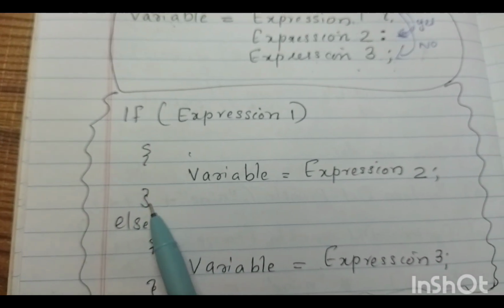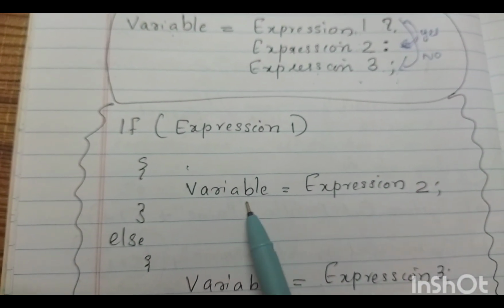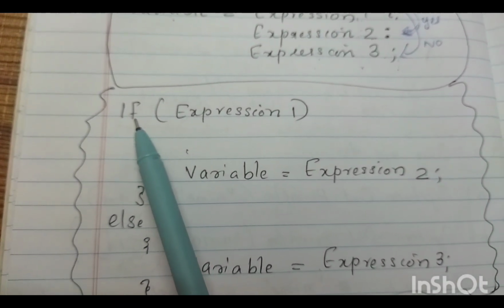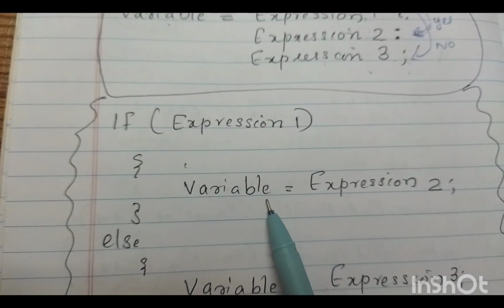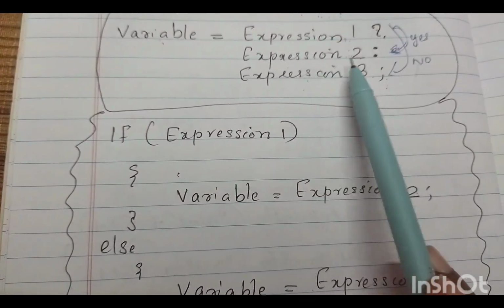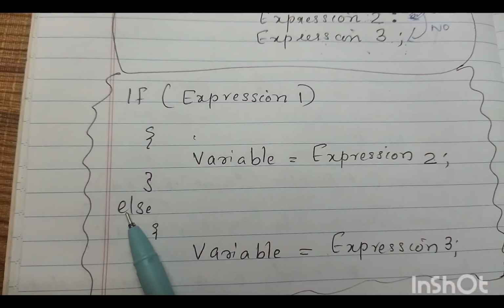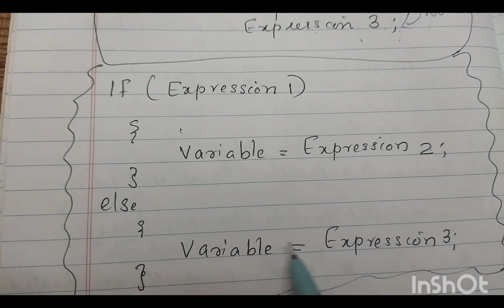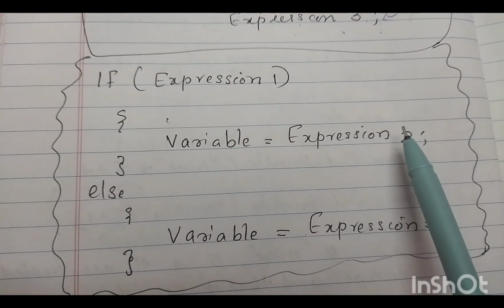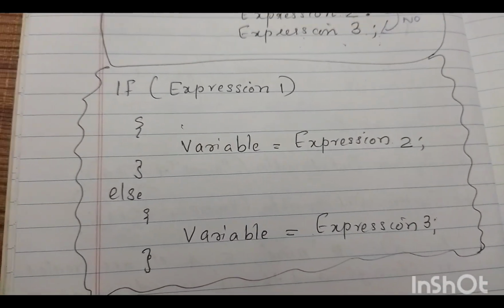We have put the braces, even though it is a single statement, to show that if this condition is true, it will go to this statement itself. Variable is equal to expression 2, the second expression is given. Then else, the third expression is given, variable is equal to expression 3.